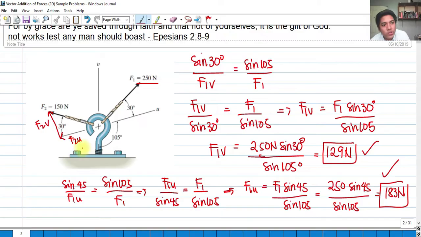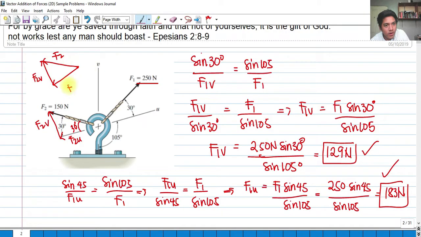Again, we can use the sine law in determining the magnitude of F2V and F2U. So we're going to determine once again the angles. This is our 30 degrees. Let me just rewrite it. This is our F2V, this is our F2U, and this is our F2.